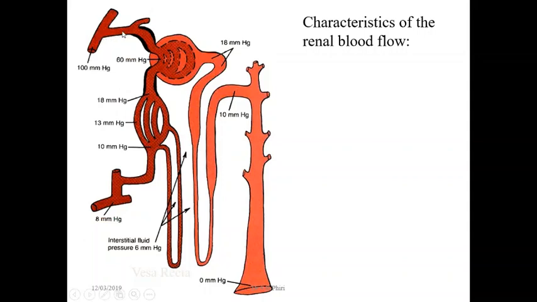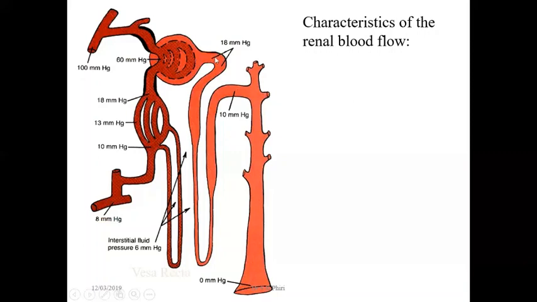When it goes into the afferent arterioles, they will divide, there's a bit of resistance there, and the blood pressure is going to reduce to 60 millimeters of mercury when it's approaching the glomerulus. So in the glomerulus, the blood pressure in these capillaries is about 60 millimeters of mercury. This pressure is going to facilitate filtration.